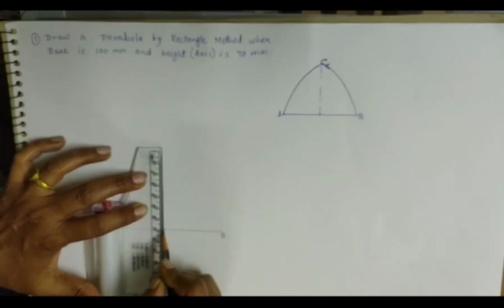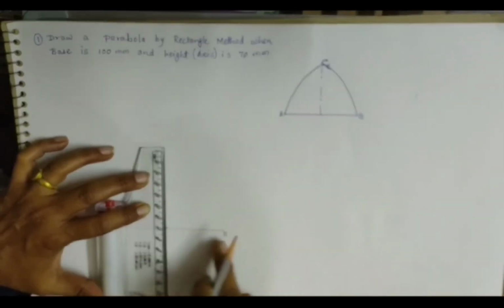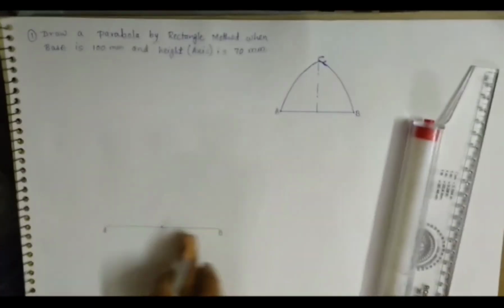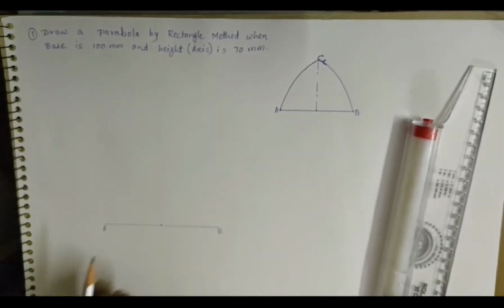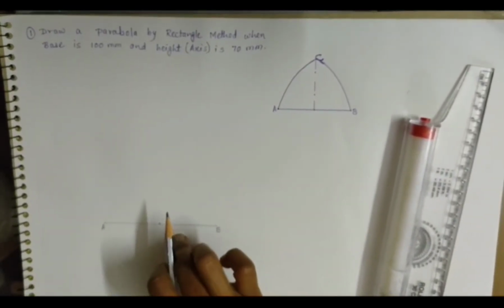But this axis should be perpendicular to this base, which is your horizontal line. So for that, I will use protractor.